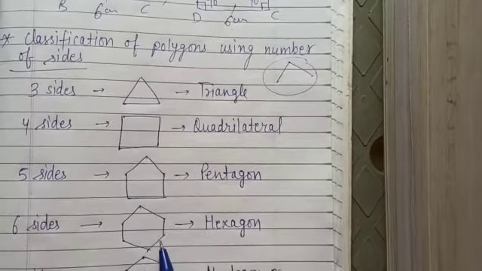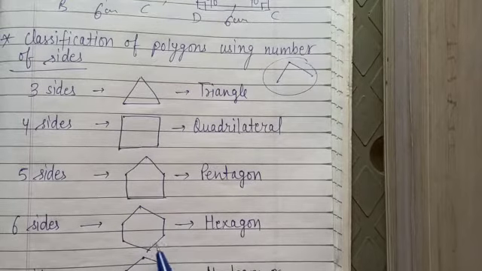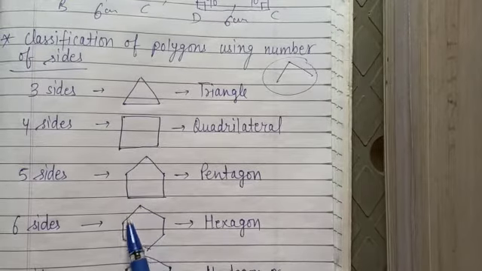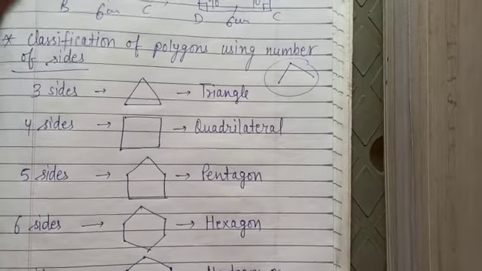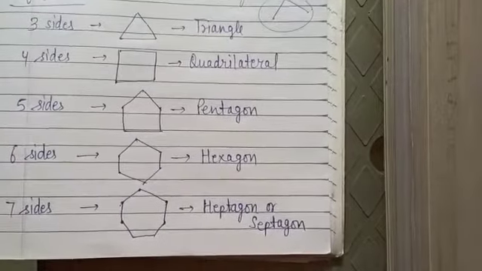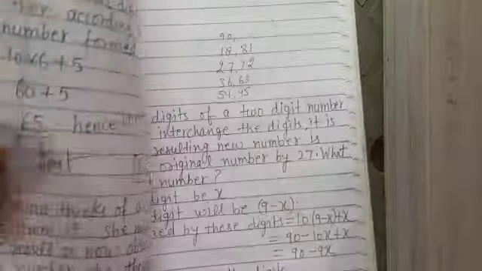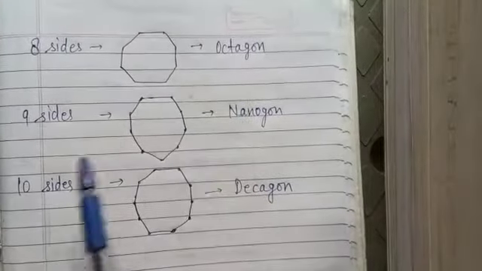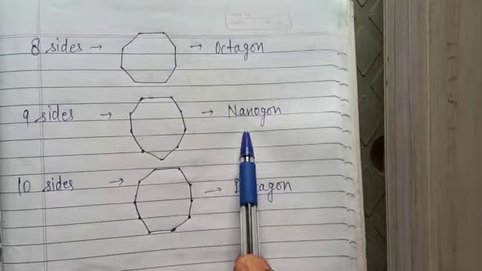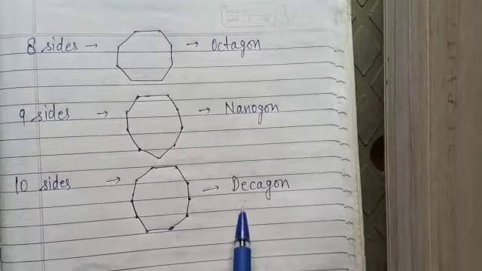A polygon is said to be hexagon if it has 6 sides. 7 sides, heptagon or septagon. 8-sided octagon, 9-sided nonagon, 10-sided decagon.